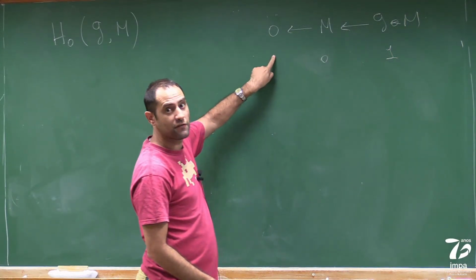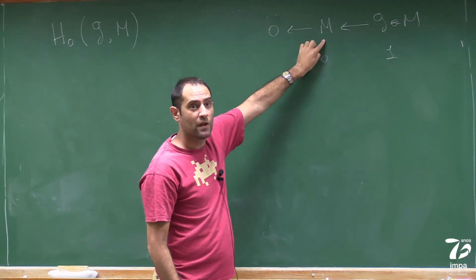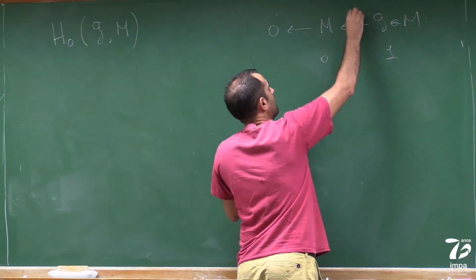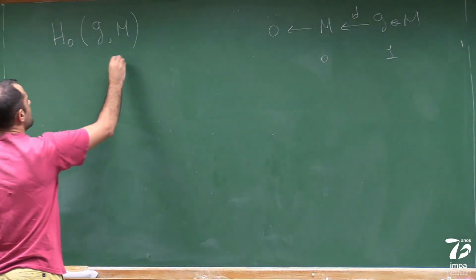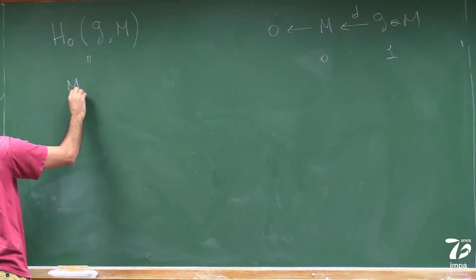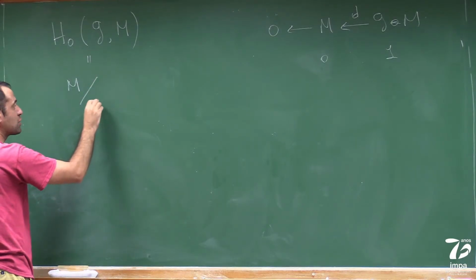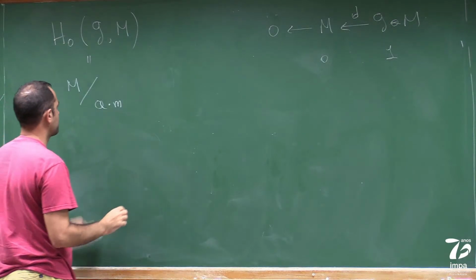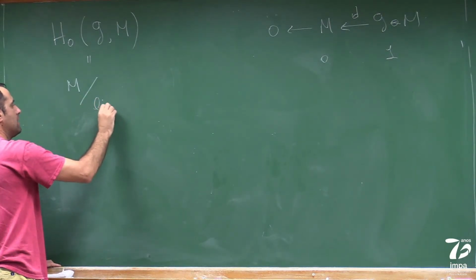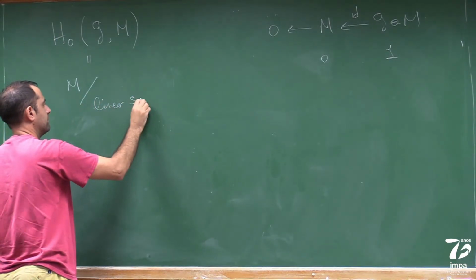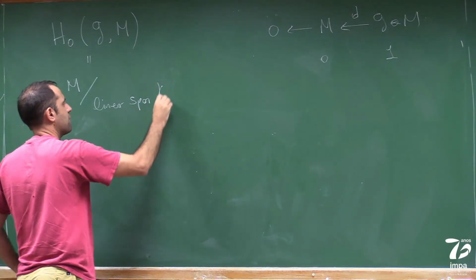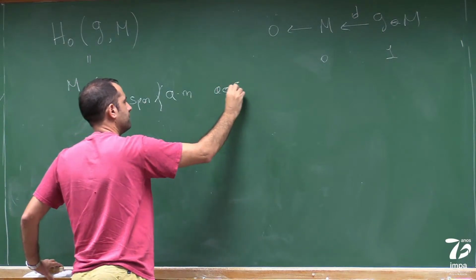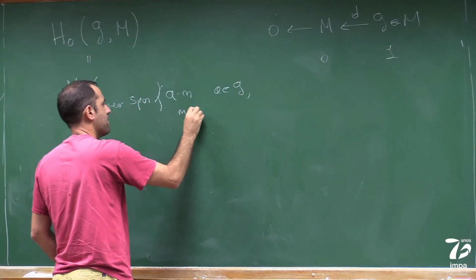So the derivative here is 0, the kernel is all of M. And the derivative from here is something non-trivial. So this guy here is M divided by the linear span of vectors of the form AM for A in G, M in M.